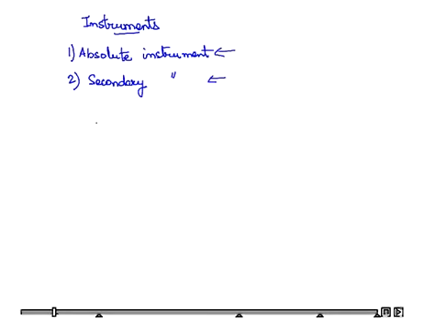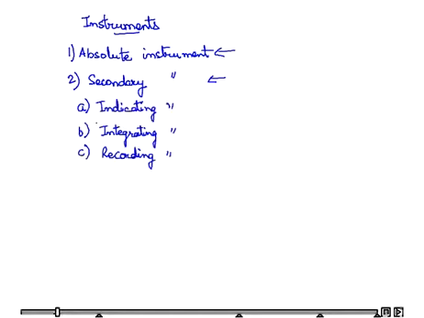There are various types of secondary instruments. For example, the first is indicating instrument. The second one is integrating instrument. The third one is recording instrument. Indicating instruments are those which indicate the magnitude of any electrical quantity.